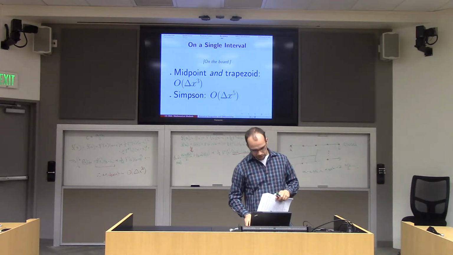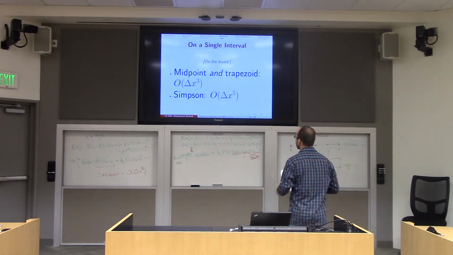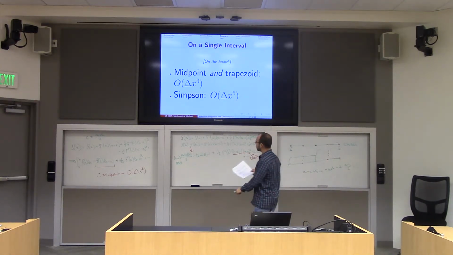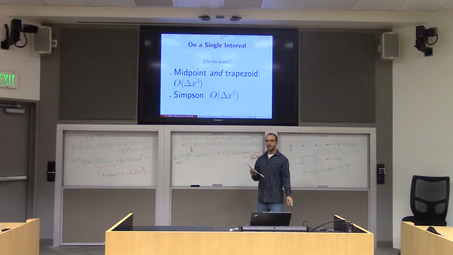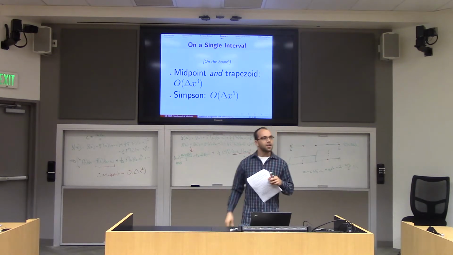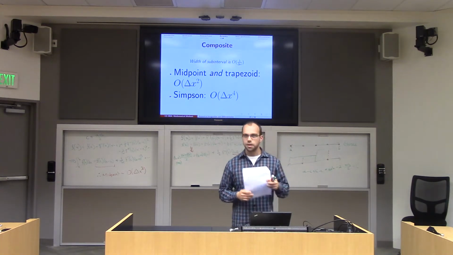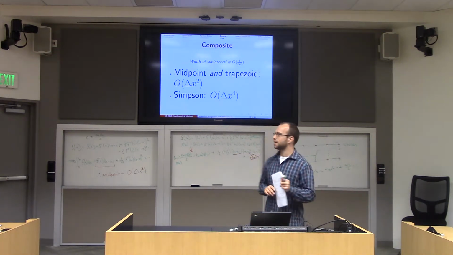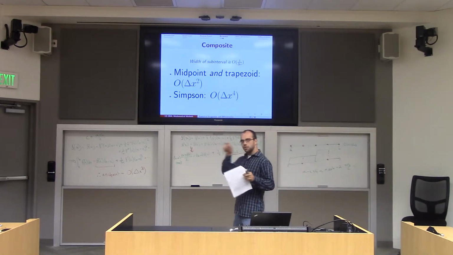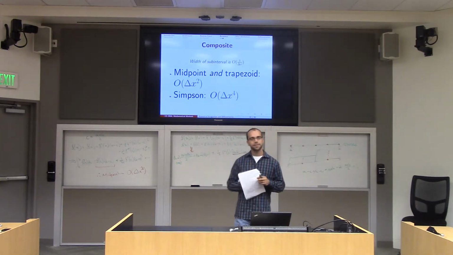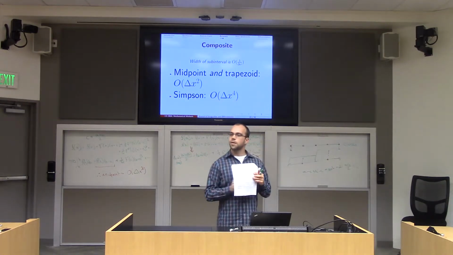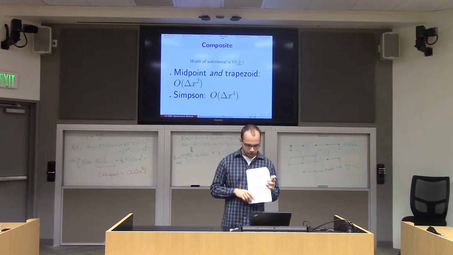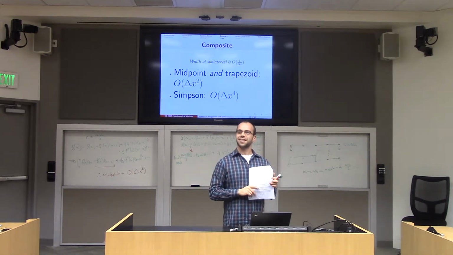Okay. So of course, all of these approximation schemes that we wrote down are for a single interval from A to B, applying Simpson's rule or the midpoint rule or a trapezoid one time. Right? But as we said, really a more reasonable scheme is to do a composite kind of thing, right? Where I take my interval from A to B and I divide it into a bunch of delta x's. Yeah. So remember the width of each interval is delta x, right?